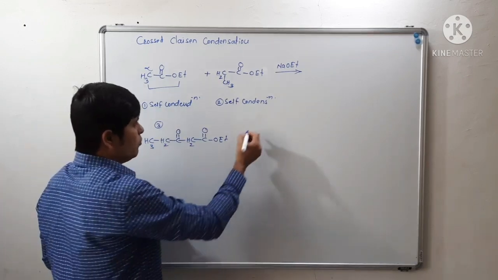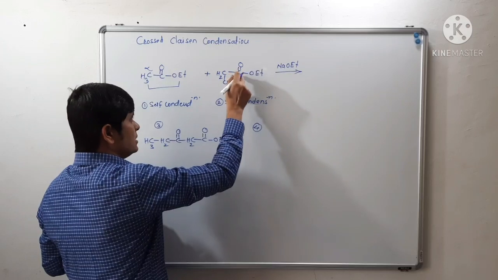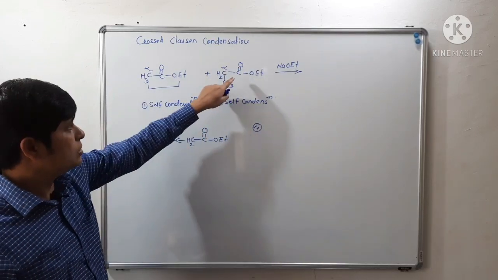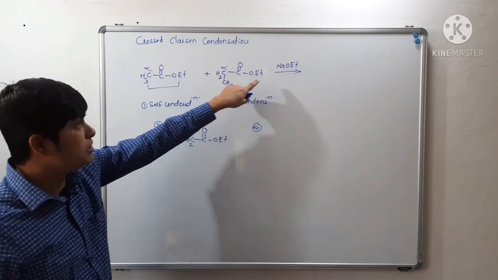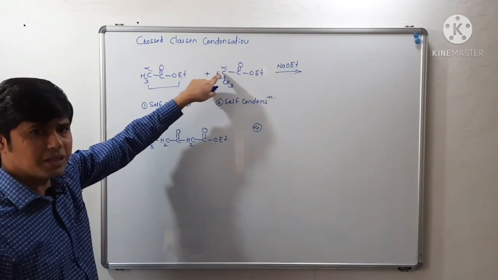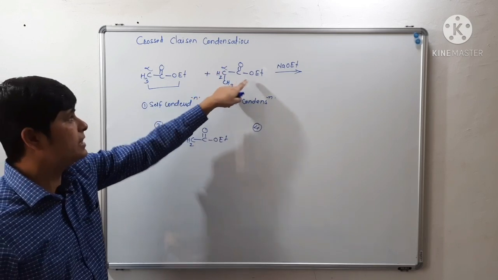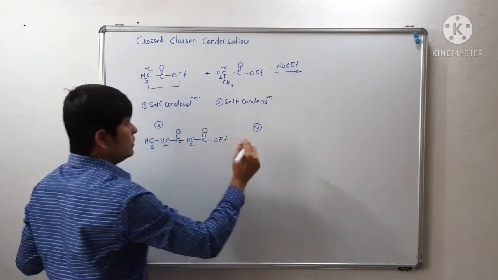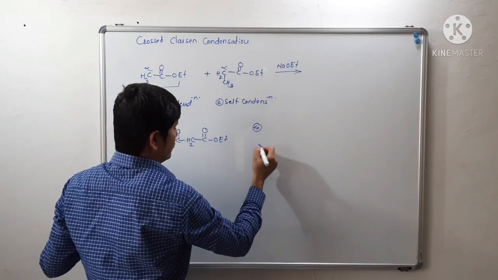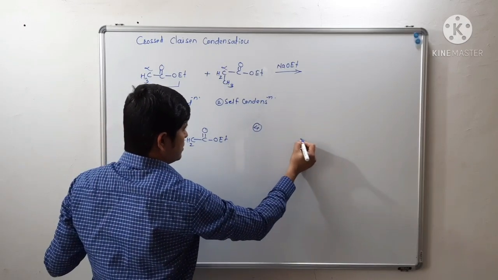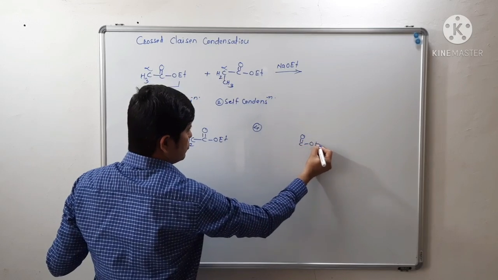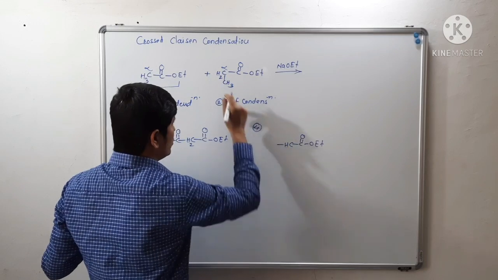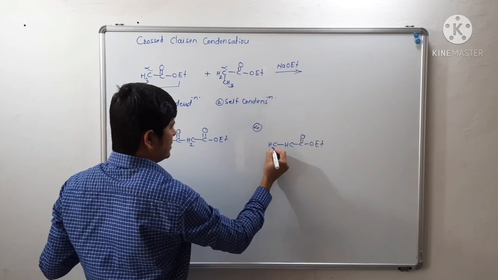Now the fourth product. This ester molecule, ethyl propanoate, also has an alpha carbon atom. So the base will abstract a proton from this alpha carbon of ethyl propanoate, and that will condense with the carbonyl carbon of ethyl acetate. So you will have a product like this: COOEt, then CH, this is the CH3 that I am writing here.